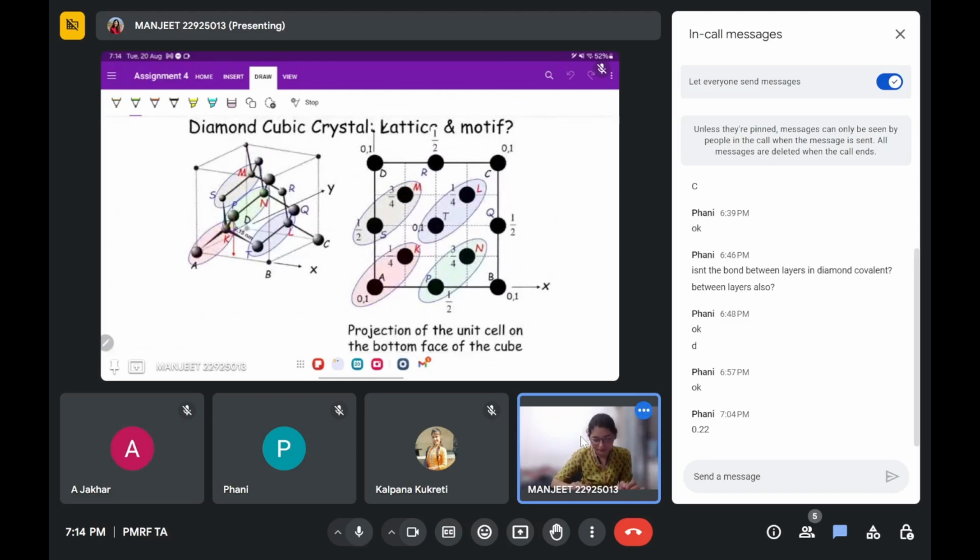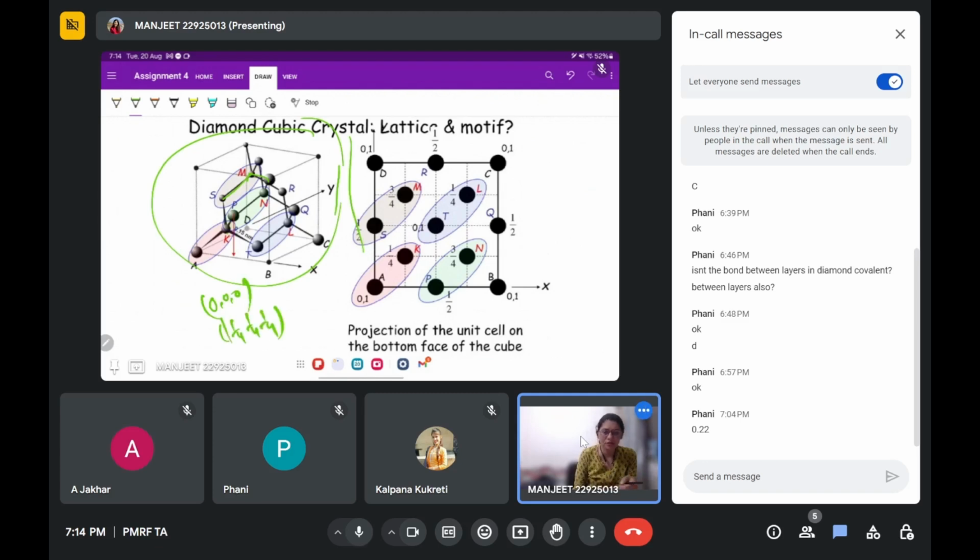Just look at this one for now. There is a simple cubic one, and here the other motifs also exist, one at 0, 0 and another at 1 by 4 and 1 by 4.